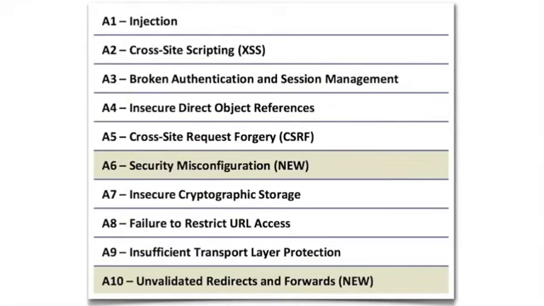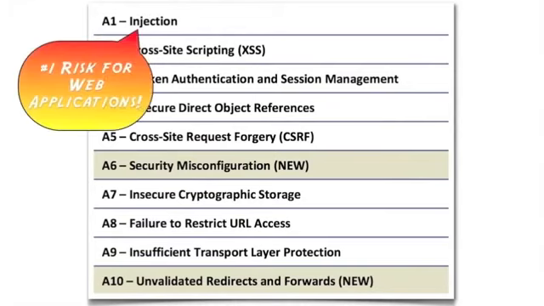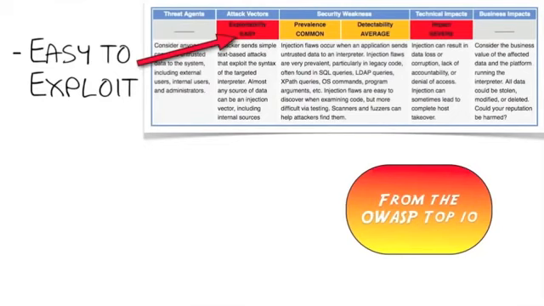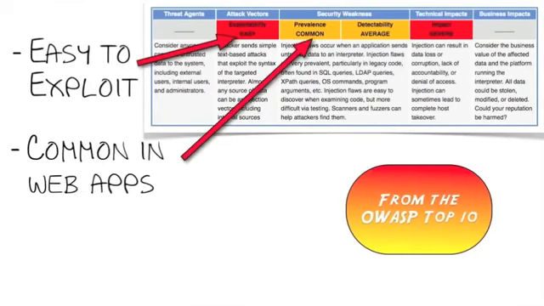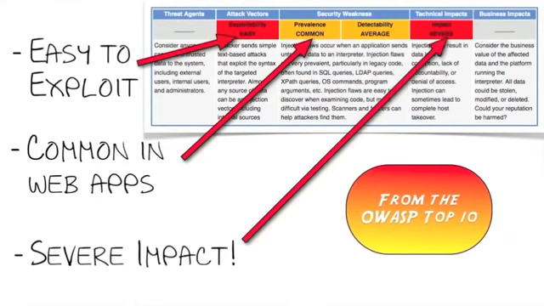And right now, the top risk to web applications, in their opinion, is injection. So this is definitely something every web architect, developer, and tester needs to be very familiar with. And what makes it so dangerous is that it's easy to exploit, it's pretty common in web applications, and the impact can be quite severe.